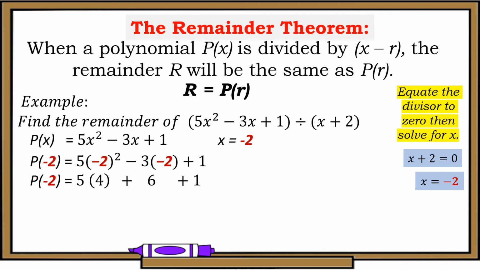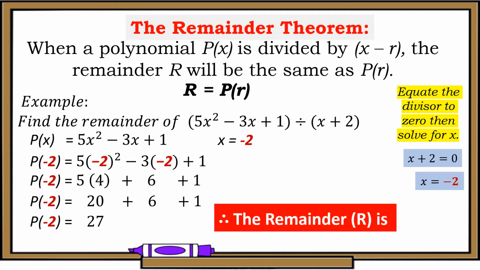Then negative 3 times negative 2 is positive 6, plus 1. We have P(negative 2) is equal to 5 times 4, 20, plus 6 plus 1. 20 plus 6 plus 1 is 27. Therefore, P(negative 2) is 27. We are looking for the remainder, therefore the remainder is 27.